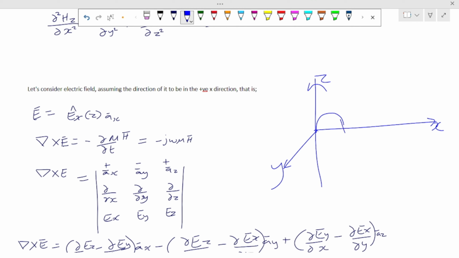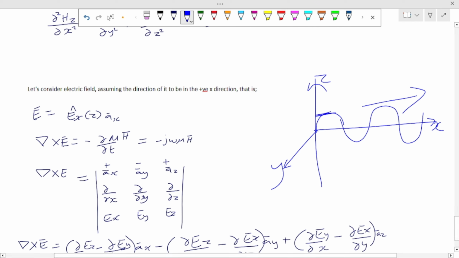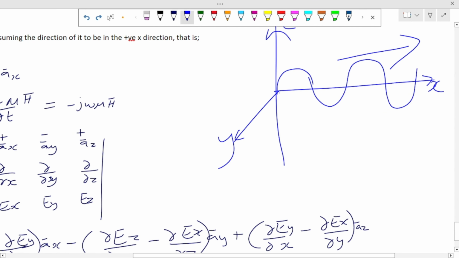Follow my hand, it's moving in this direction, and it has z component. You can see that the amplitude has a value here, and there will also be a value here. So it has values that are changing in the z component.